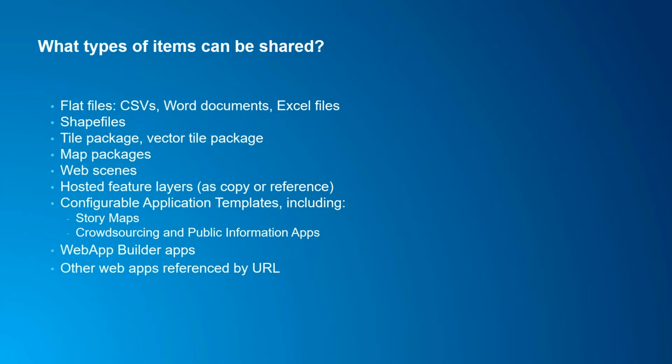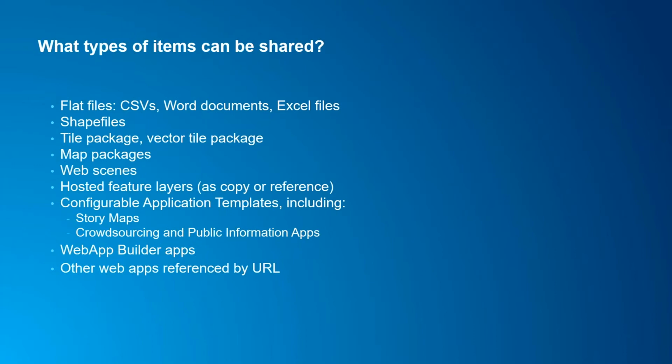And then new at 10.6.1, and this is really exciting, we're now supporting web apps. Those web apps include configurable application templates like Story Maps, Crowdsource Manager and other crowdsourcing apps, or public information apps. Web AppBuilder apps can be shared as well.